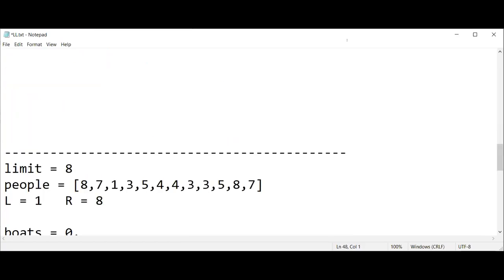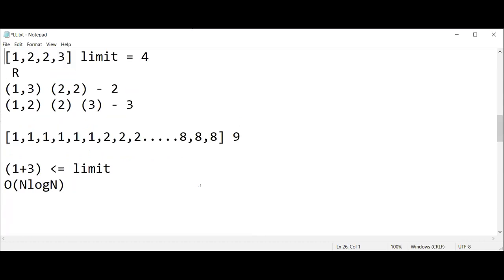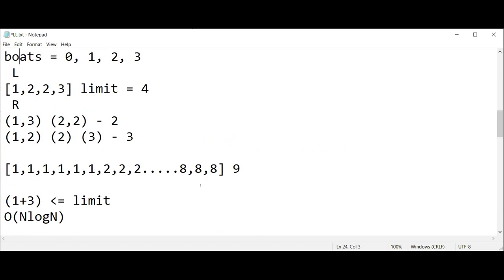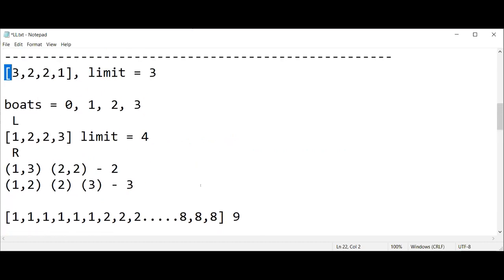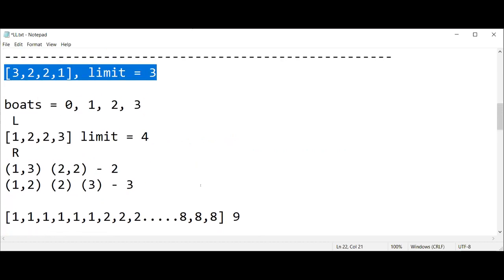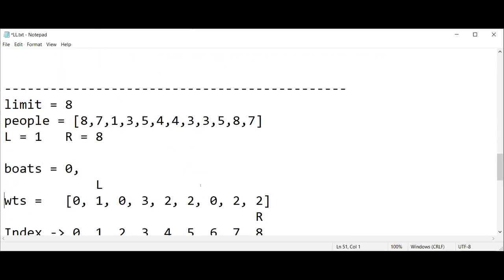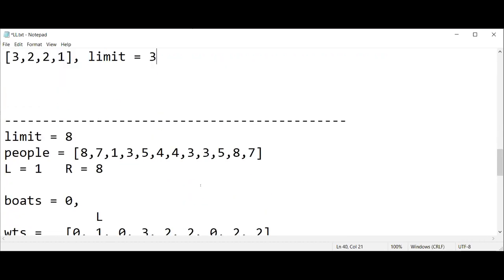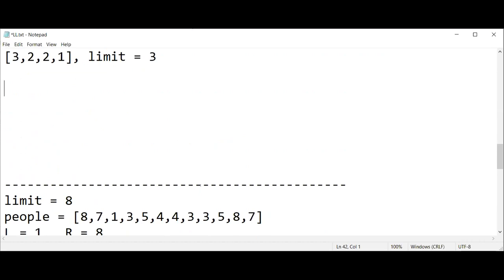If we take this example again, instead of sorting, we can do it this way. We don't need to sort.